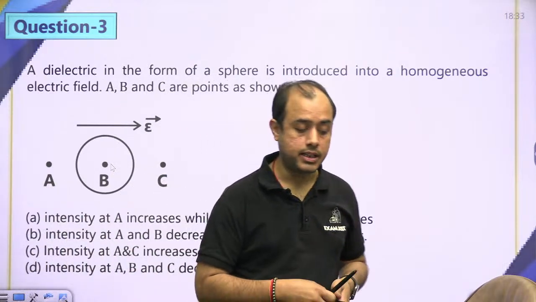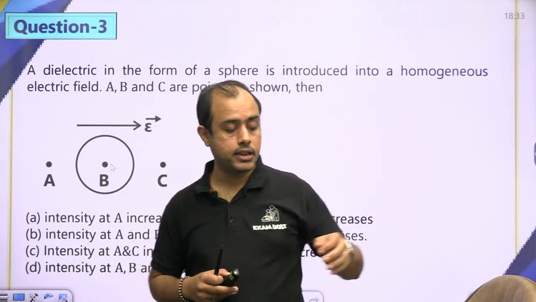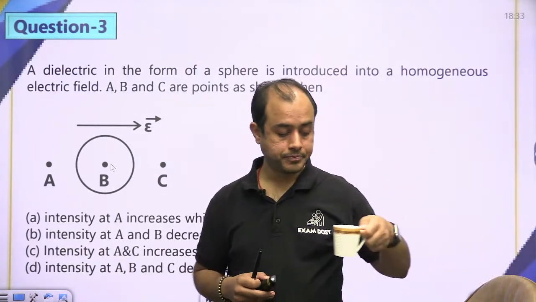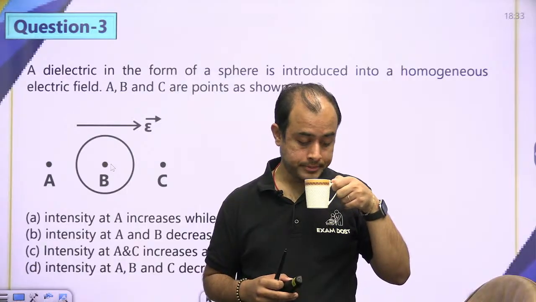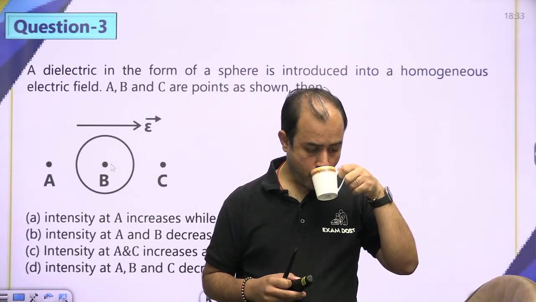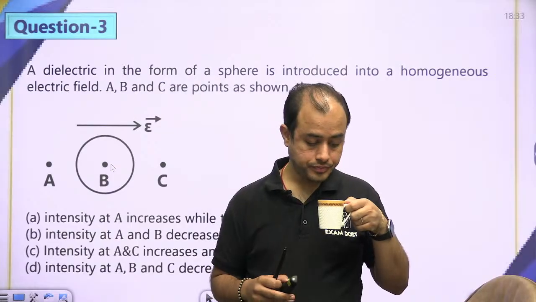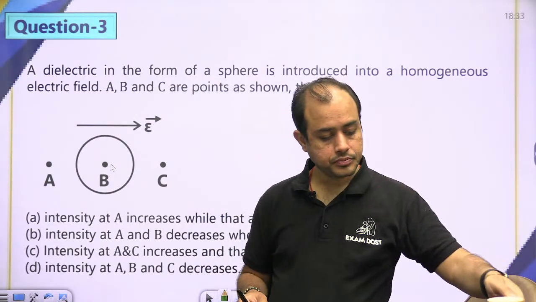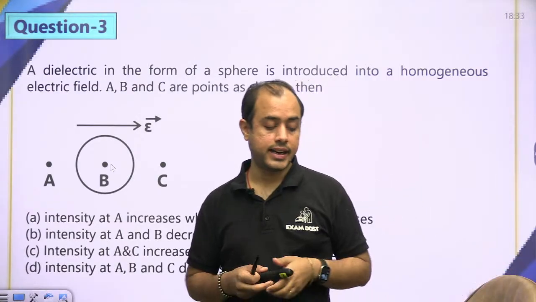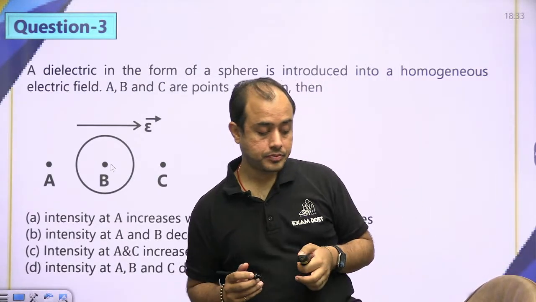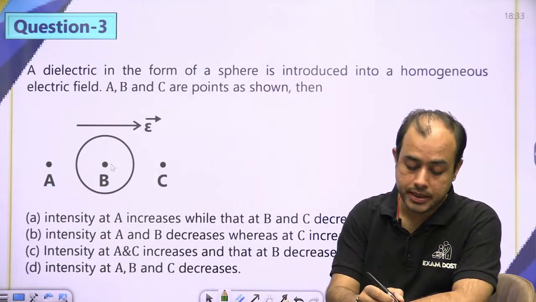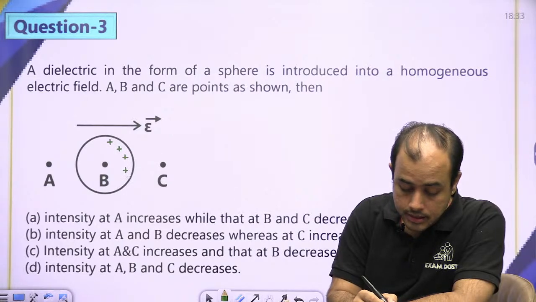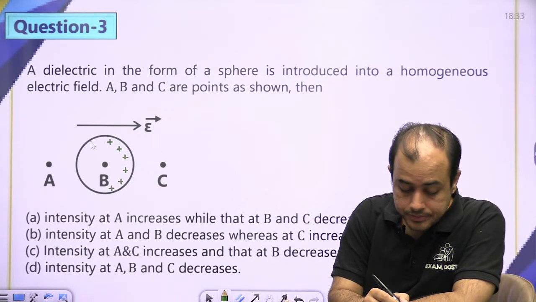Let's see the next one, beta. A dielectric in the form of a sphere is introduced into a homogeneous field. A, B, C are points. Now, if we are introducing a dielectric, there will be a polarization, beta. है ना? Dielectric gets polarized.